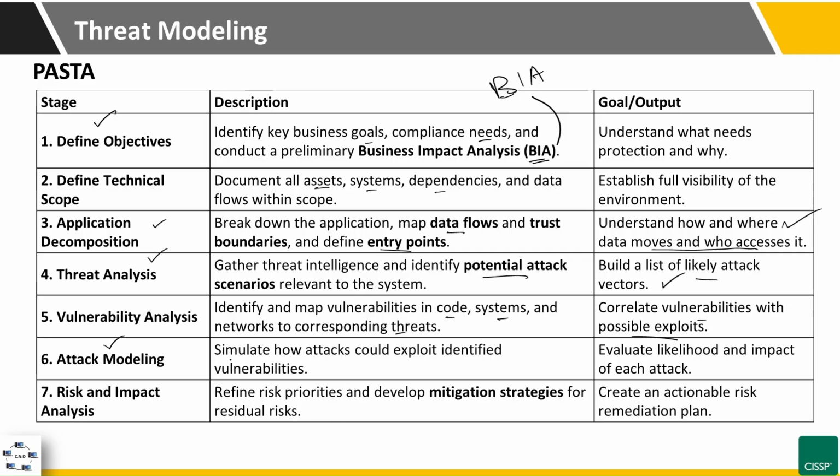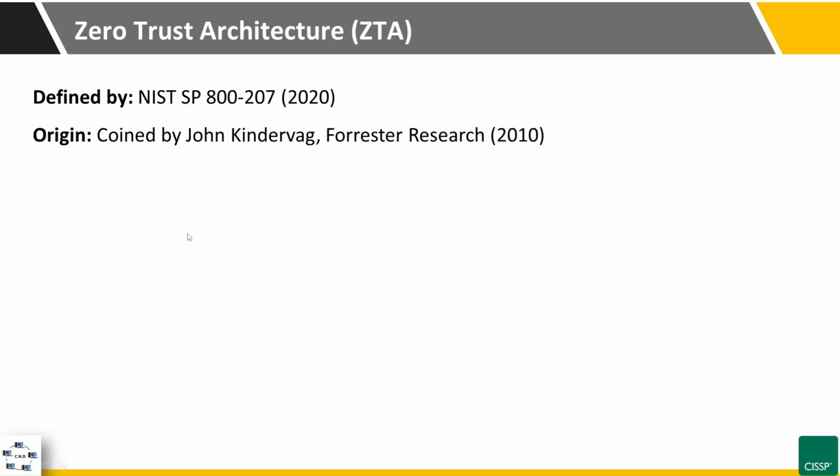Number 6 is attack modeling, which is to simulate how attacks could exploit identified vulnerabilities, and the output is to evaluate likelihood and impact of each attack. And 7, the last stage, is risk and impact analysis, which is to refine risk priorities and develop mitigation strategies for residual risk. This stage creates an actionable risk mitigation plan.